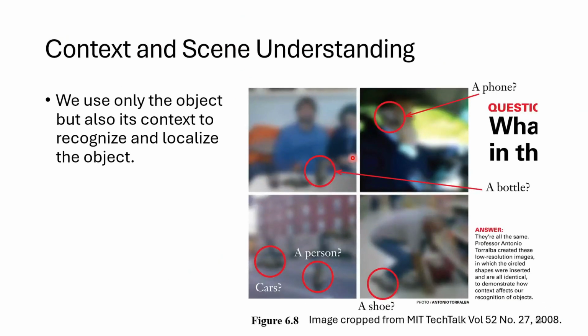So what is this? It is a button. And what is this? Do you think it's a cell phone? And what is this? Do you see the person, a car? And what is this? Do you see the shoe?